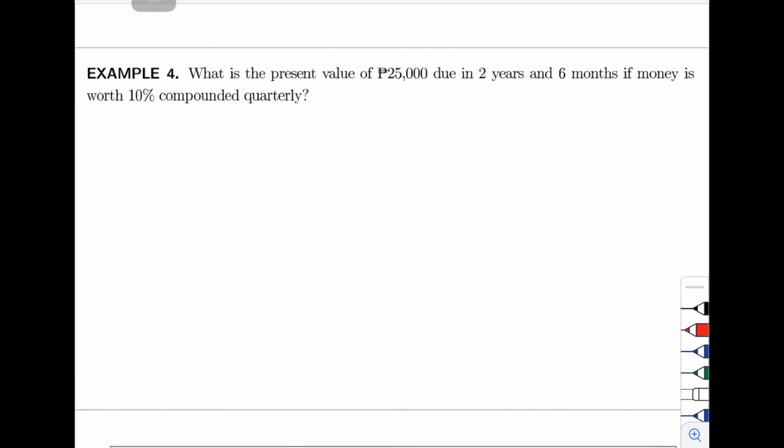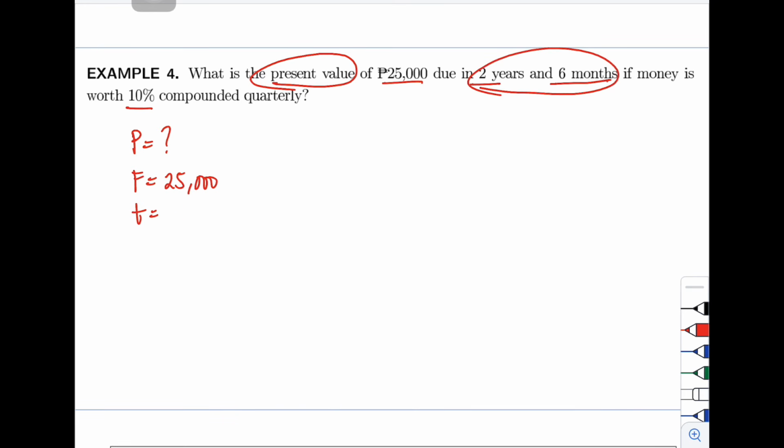What is the present value of 50,000 due in 2 years and 6 months if money is invested or worth 10% compounded quarterly? So again, ang pinapahanap sa atin is the present value nung ating naging maturity value na 25,000. Tama? Yan yung F natin. Then, meron tayong time, which is 2 years and 6 months.